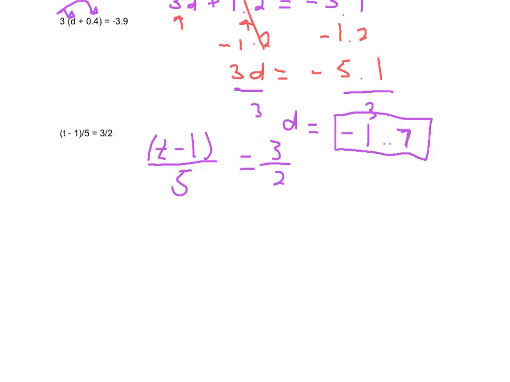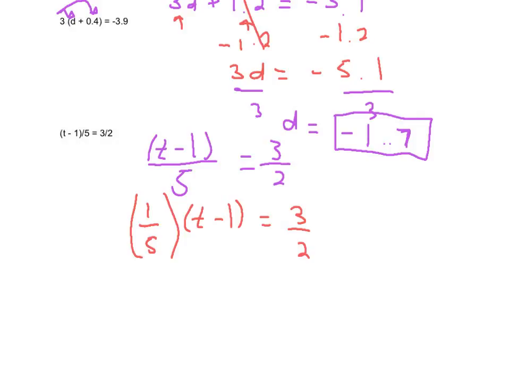When we divide by 5, really what we could say instead of dividing by 5 is multiplying by 1 over 5, right? So really, what we're saying here is that's exactly the same statement, right? T minus 1 is being divided by 5, which is the exact same thing as being multiplied by 1 over 5. Okay?